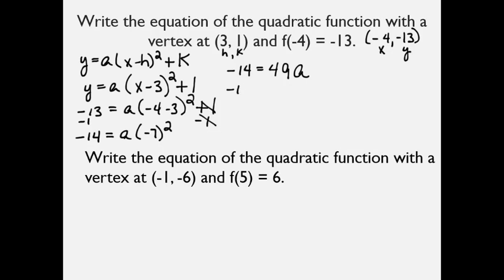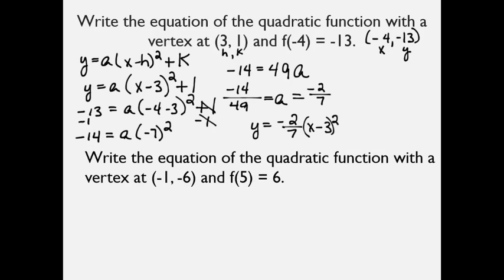So -14 divided by 49 will equal a. When I divide each of those by 7, I get -2/7 for a. And now I just finish writing the equation. y is equal to -2/7 (x - 3) squared.